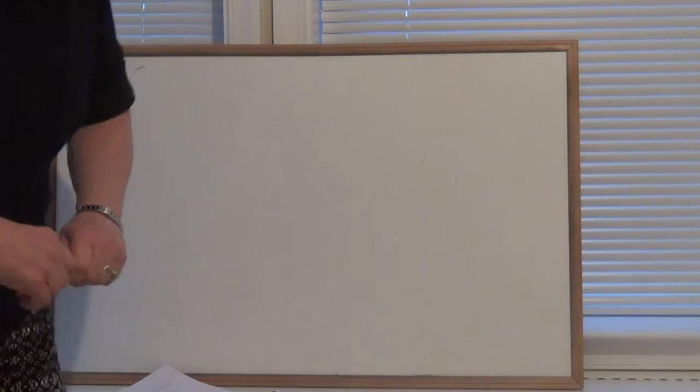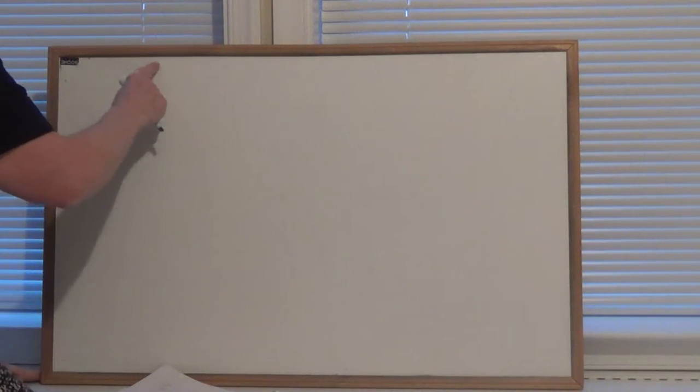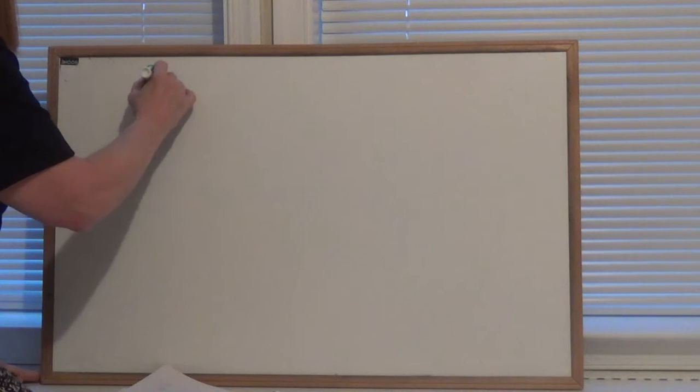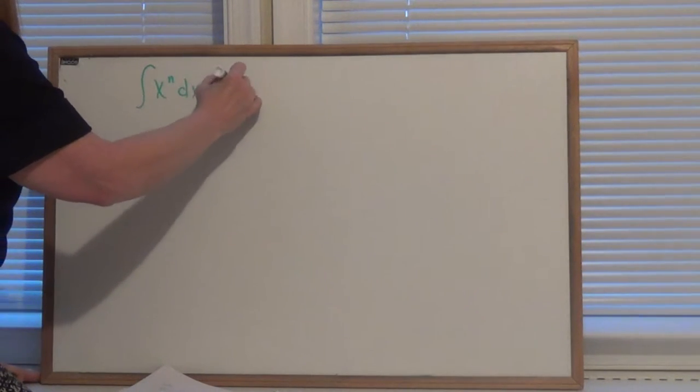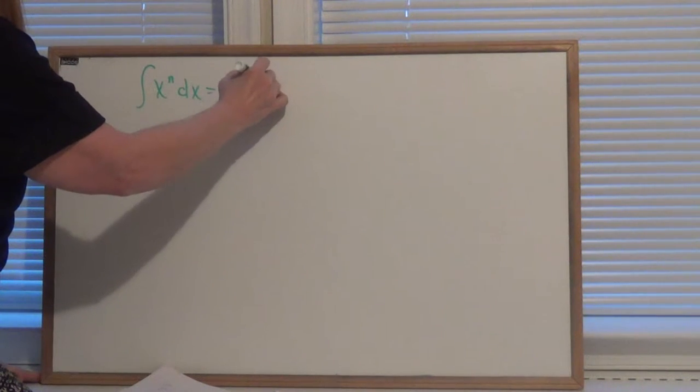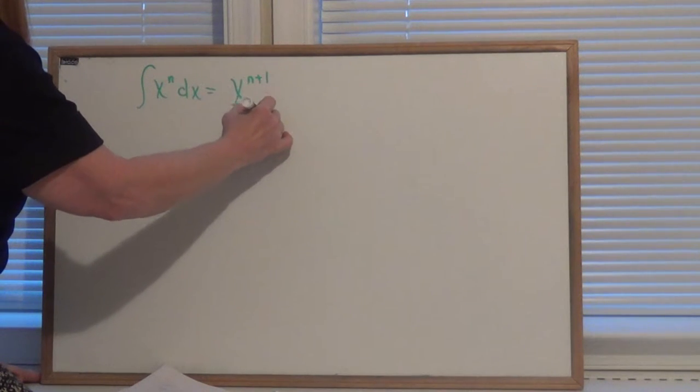What I want to cover today is simply adding more integrals to our repertoire so that we will have a good number. So far we didn't really cover that much, and I think I can put it together in these two statements. The integral of x to the n dx equals x to the n plus 1 over n plus 1 plus c.